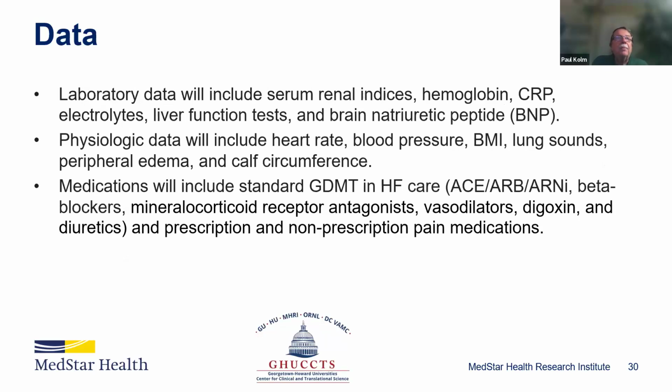And then there's going to be laboratory data that includes hemoglobin, CRP, BNP, those sorts of things, physiological data like heart rate, blood pressure, and then medications that are typically prescribed for heart failure patients. So you can see that there's a lot of variables that the investigators wanted to look at in affecting quality of life.